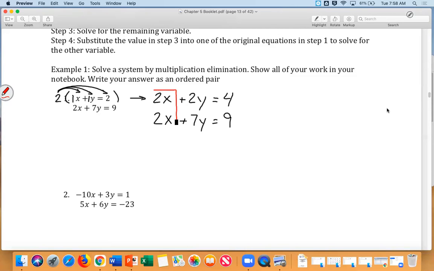Now, since they are the same, I'm going to subtract. So 2x minus 2x, they cancel. 2 minus 7 is -5. 4 minus 9 is -5. Divide by -5. y equals 1.